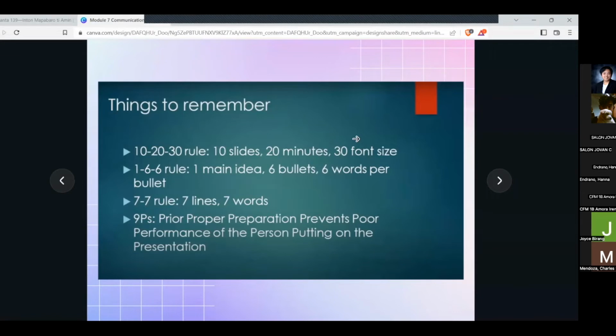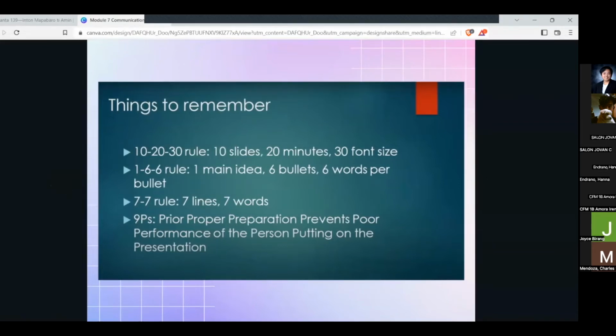These are just tips or guidelines. You can go a little bit above or below. It doesn't always have to be this rule, but generally, for a professional-looking PowerPoint, you have to follow this more often than not.